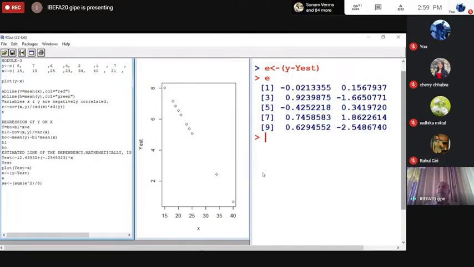The denominator is always n minus 2. I will tell the mathematics at the end. Now I'm telling only computation. So how much is the value? Square root, because I'm squaring it.